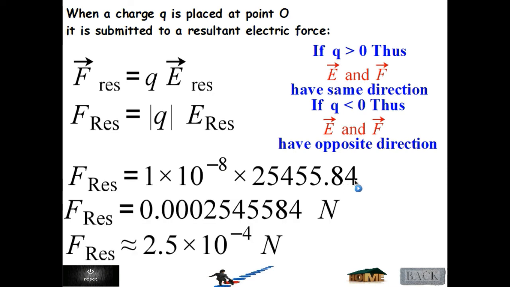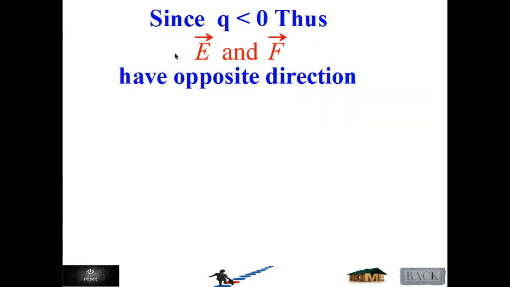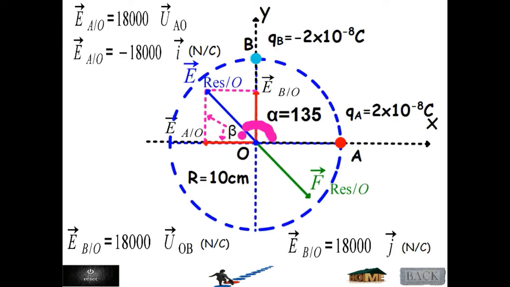The result will be 0.000254554 Newton, approximately 2.5 times 10 to the power minus 4 Newton. And since Q is negative, E and F have opposite directions. So we can draw it here opposite to E, and this is my resultant force.